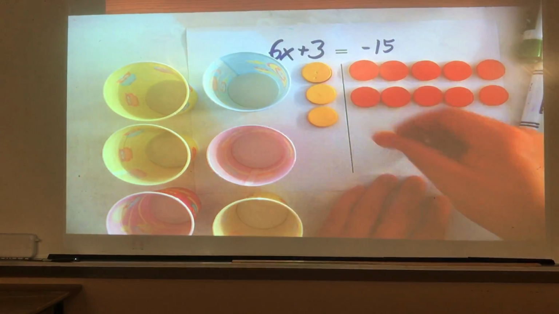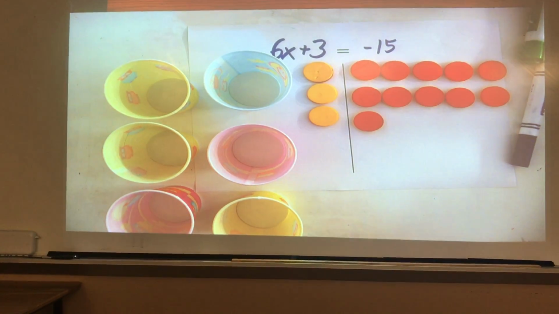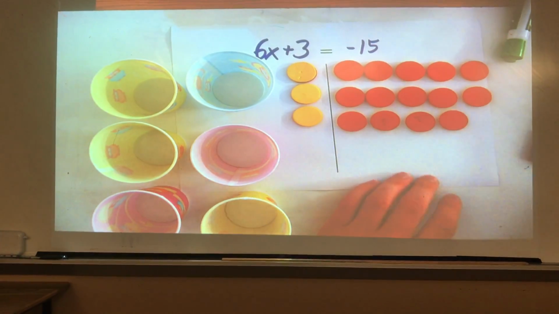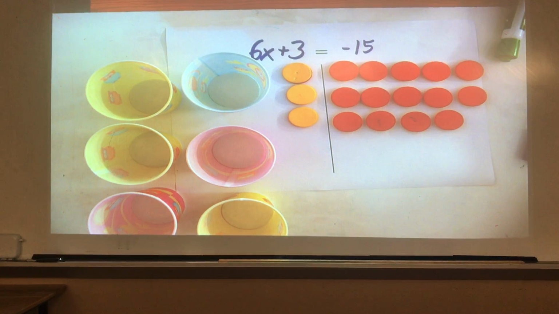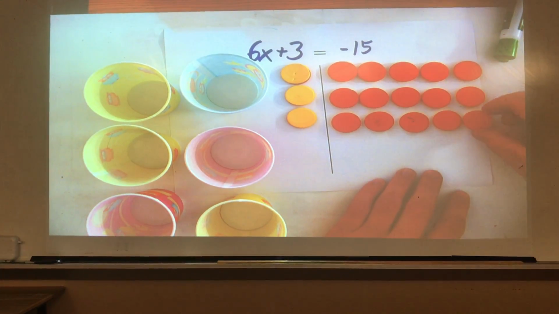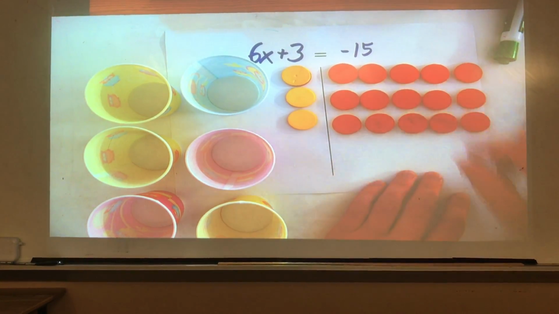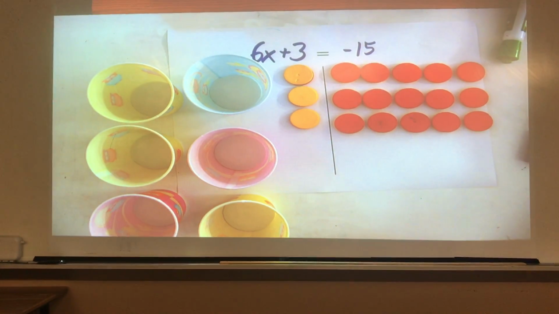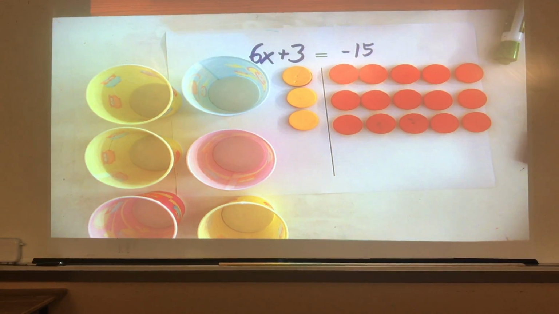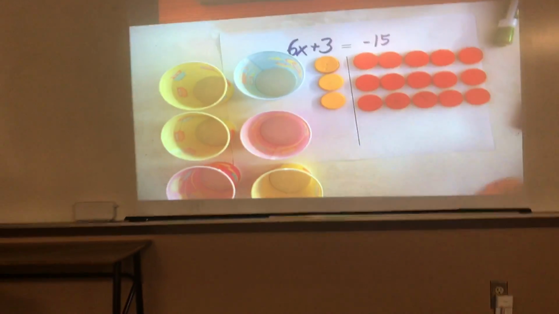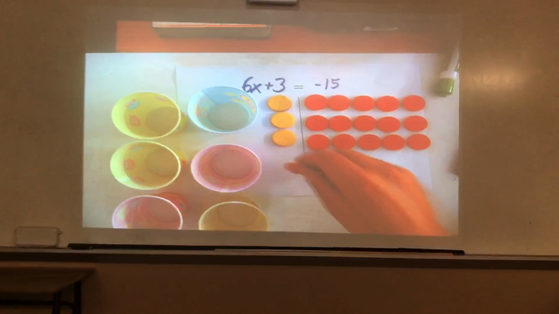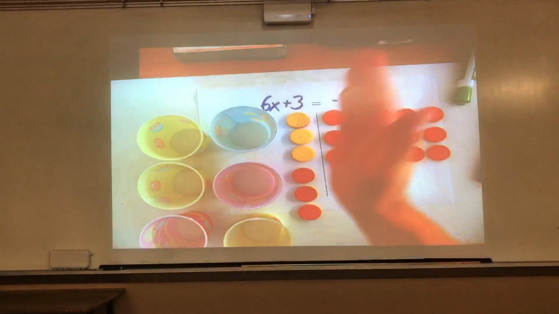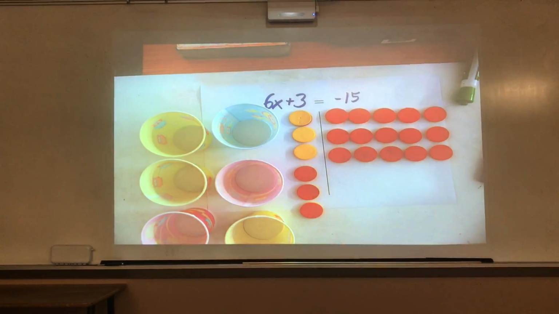Just about there. Elizabeth, can you tell me how to get a 0 pair using our tokens? What color is the negative? Very good. So whatever we do on the left side, we've got to do to the right side.